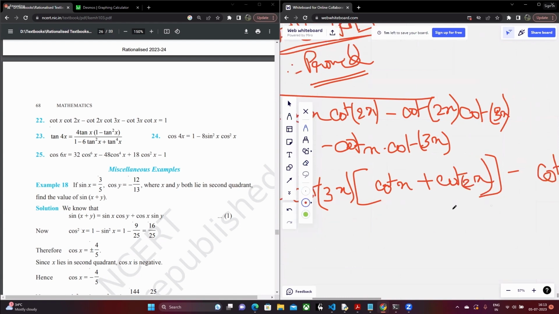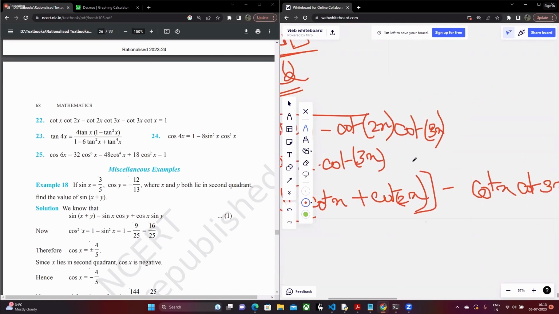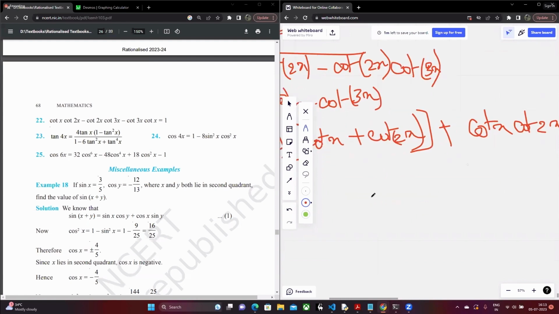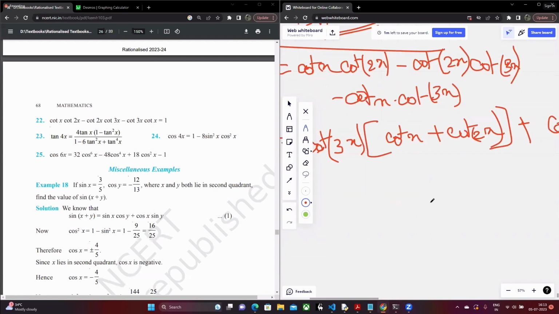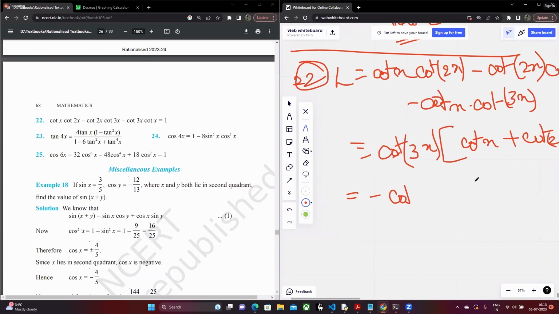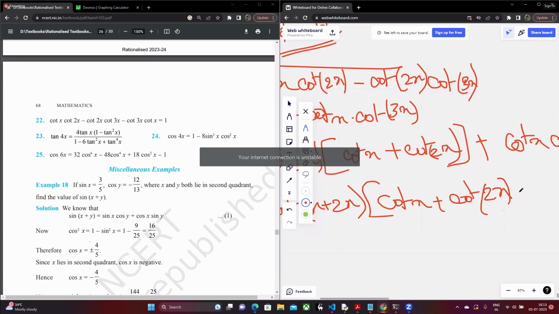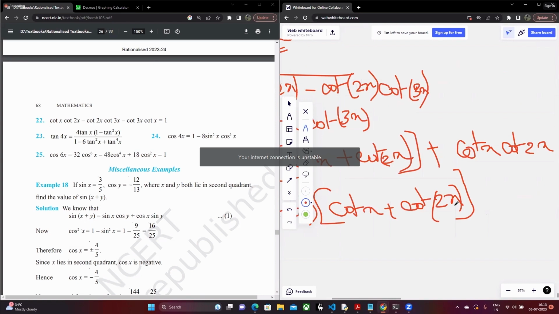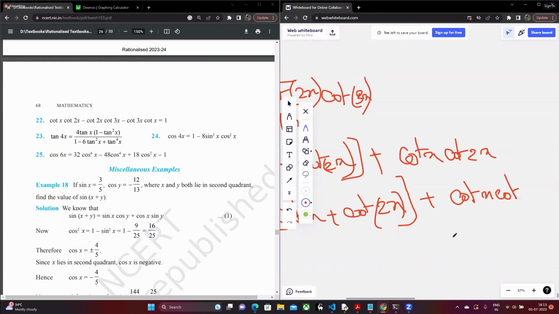And this is going to be a plus, cot x cot 2x. So I'll split this as minus cot of (x plus 2x) plus cot x cot 2x. Right?